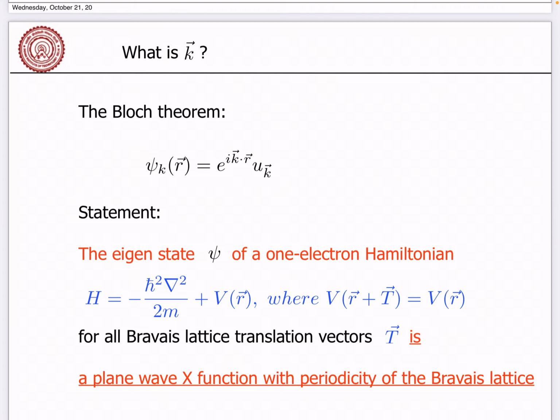Okay, so now you see we have been talking about the wave vector all along. I have introduced also its relation with the reciprocal lattice vectors in the last class, right? So now let me discuss a bit more on this wave vector. What is this k? What does this k, or this wave vector, represent in the case of a solid with periodic potential?